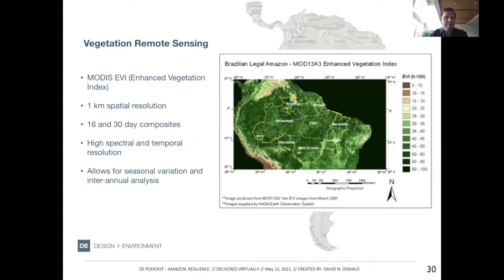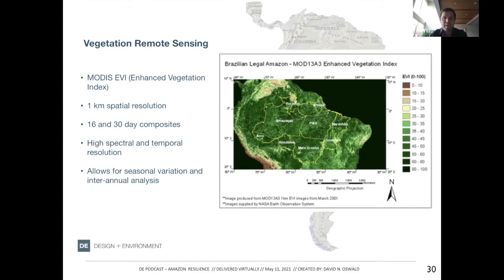So it's an amazingly powerful thing, because using EVI, or another one you may have heard of as NDVI, Normalized Difference Vegetation Index, that is a proxy for what is going on the Earth biophysically, like how much photosynthesis is happening, which of course tells you a bunch of other stuff, like potentially how much carbon is being sequestered and so forth.